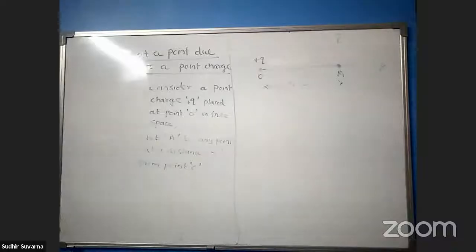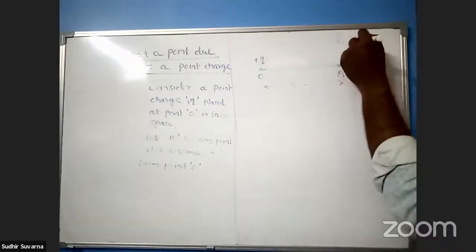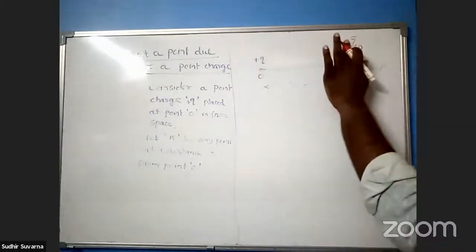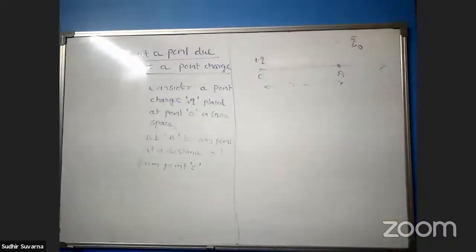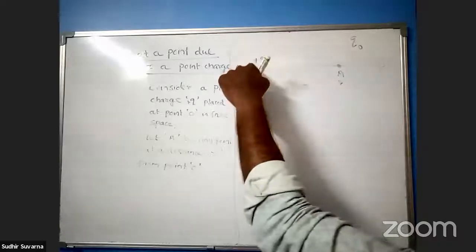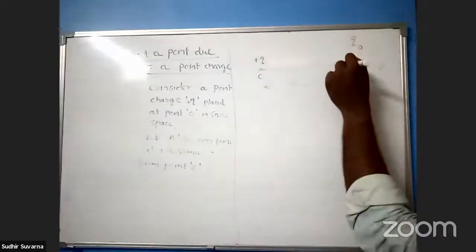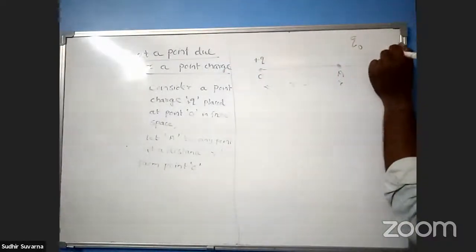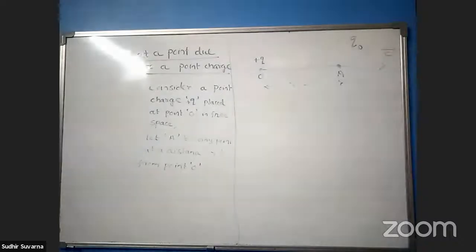I think all markers are gone. Okay, so it's Q0. Fine. So now obviously this Q0, because of this Q, will experience a force, and the force is going to be in this direction. So that will be the direction of force.